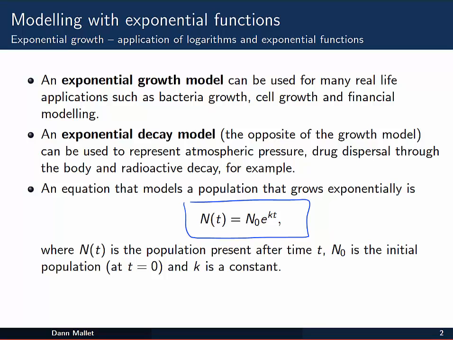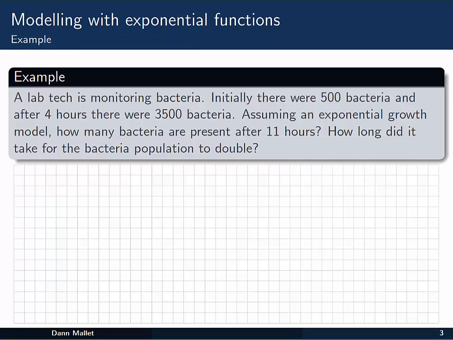In the remainder of this video, we'll have a look at how we can use something like this to model a particular situation. So let's take a look at that example. A lab tech is monitoring bacteria, so a person in some sort of scientific laboratory. Initially, they've noted that there were 500 bacteria in the population, but then after 4 hours, there were 3,500 bacteria.